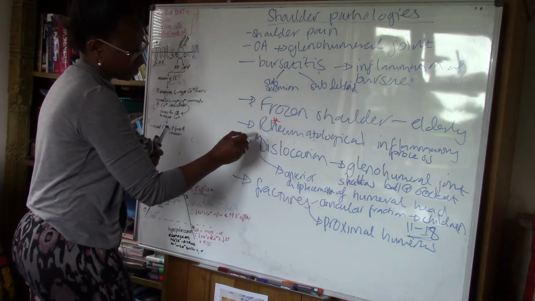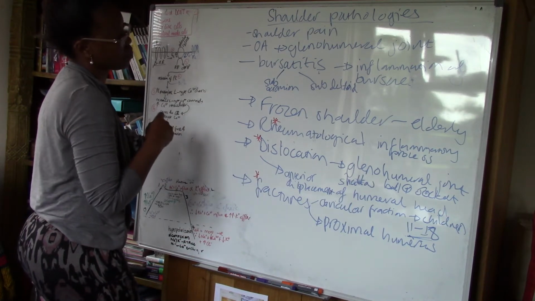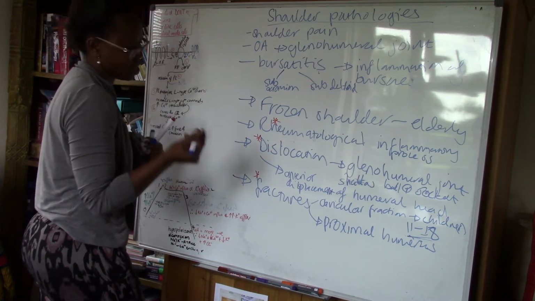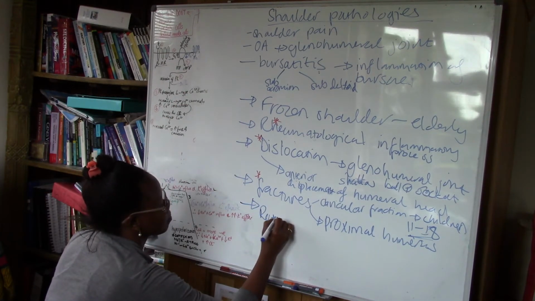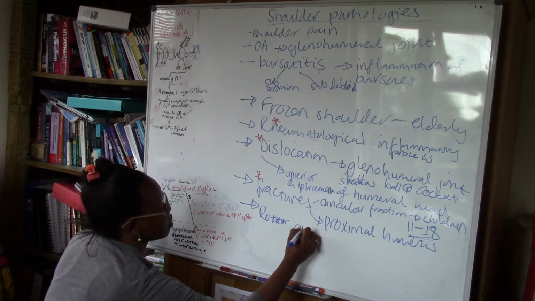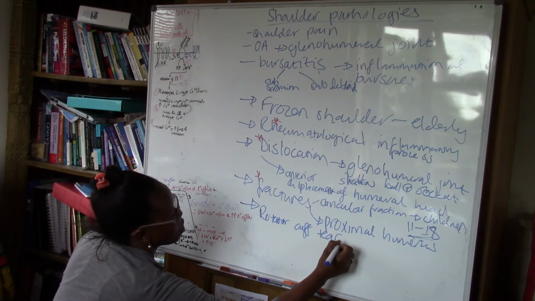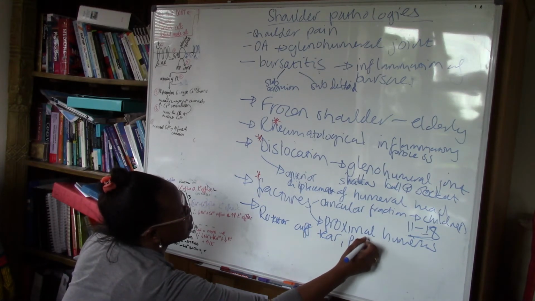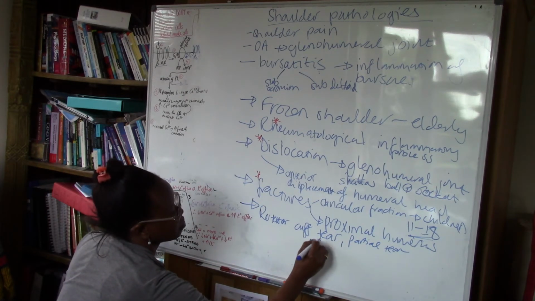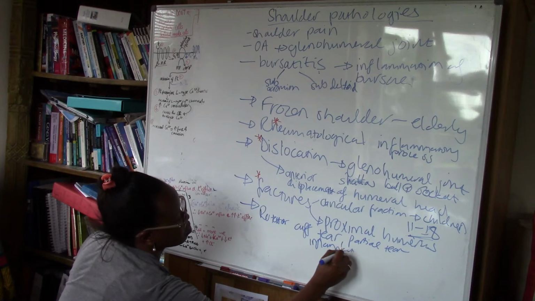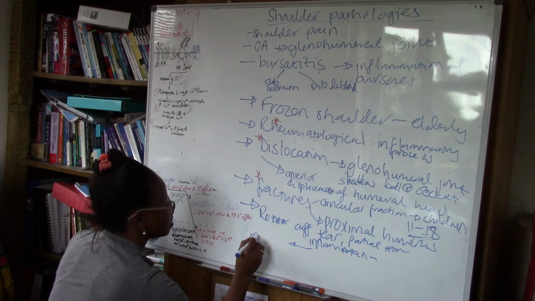I've briefly touched on dislocation, so perhaps it's best to just quickly, again, others are rotator cuff, either a tear or partial tear, or inflammation, leading to impingement.